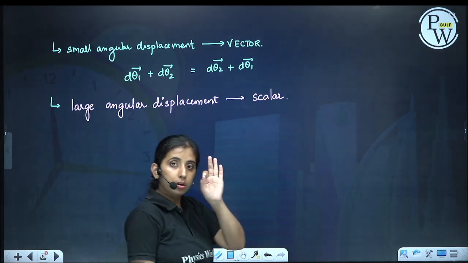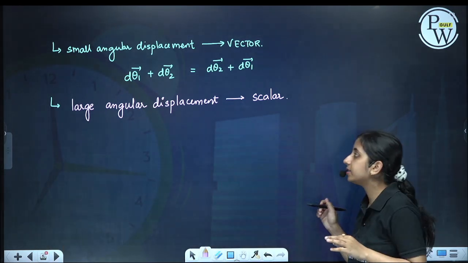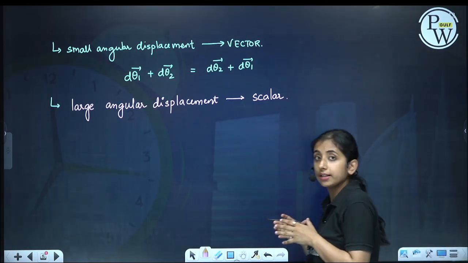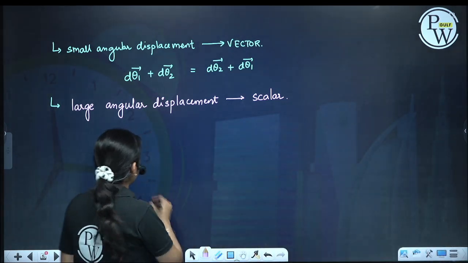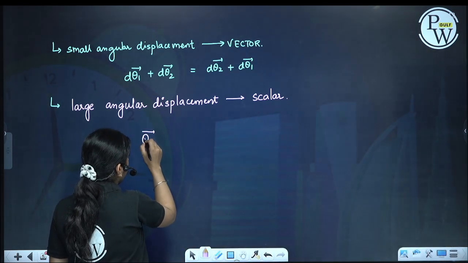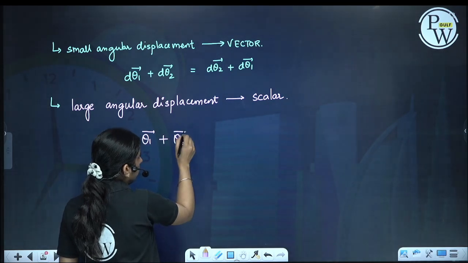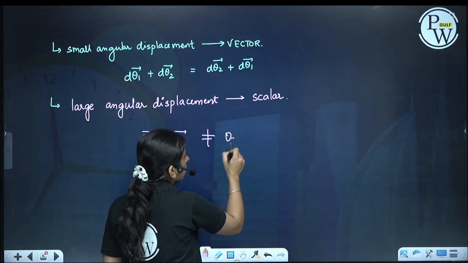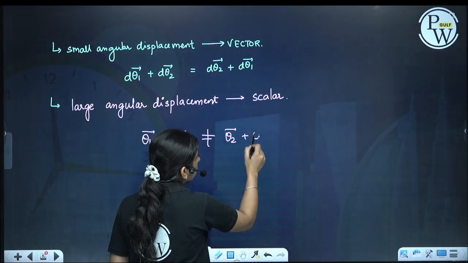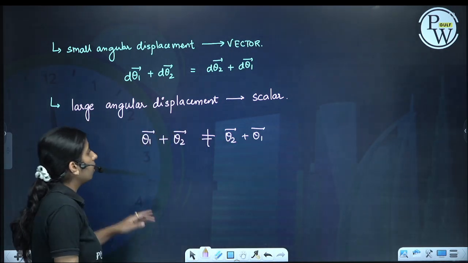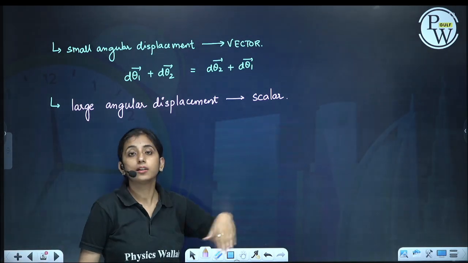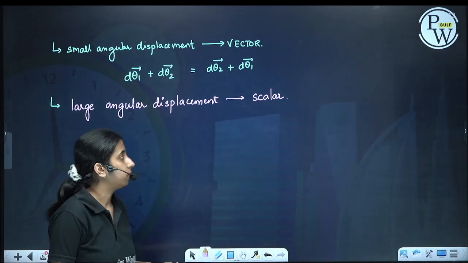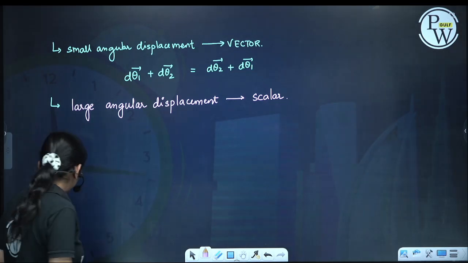So we will not write the vector sign. Large angular displacement is a scalar quantity. If you do theta 1 plus theta 2 as vectors, because we are following direction, it will not be equal to theta 2 done first and theta 1 done afterwards. So this is a scalar quantity.